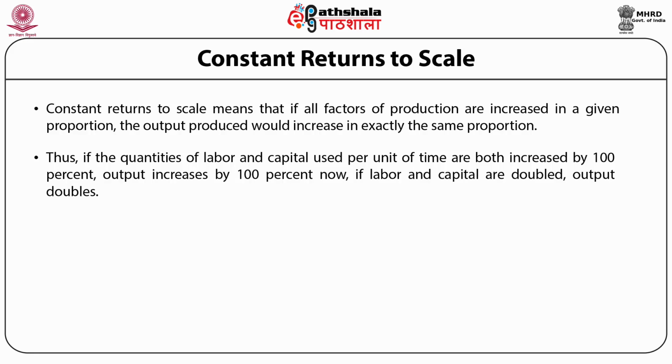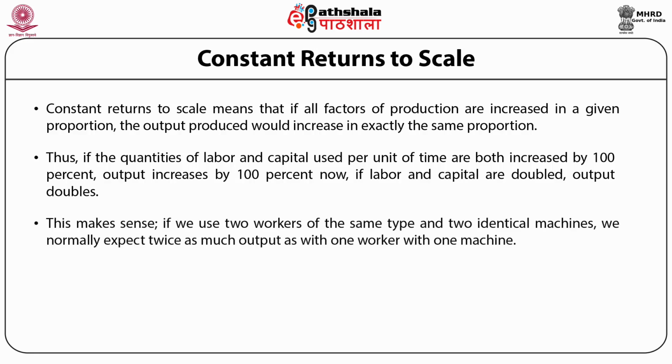If labor and capital are doubled, output doubles. It makes sense. If we use two workers of the same type and two identical machines, we normally expect twice as much output as with one worker with one machine.